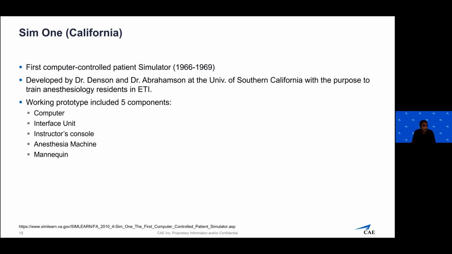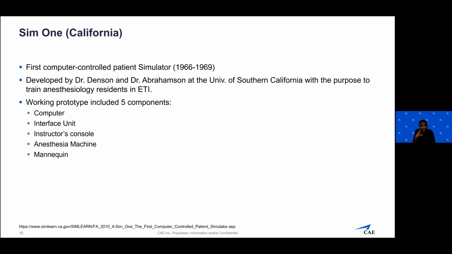And for a brief note on SIM1, right? It was the first computer-controlled patient simulator, between 1966 and 1969. It was developed by Dr. Denson and Dr. Abrahamson at the University of Southern California. It was wholly focused on teaching students intratracheal intubation.